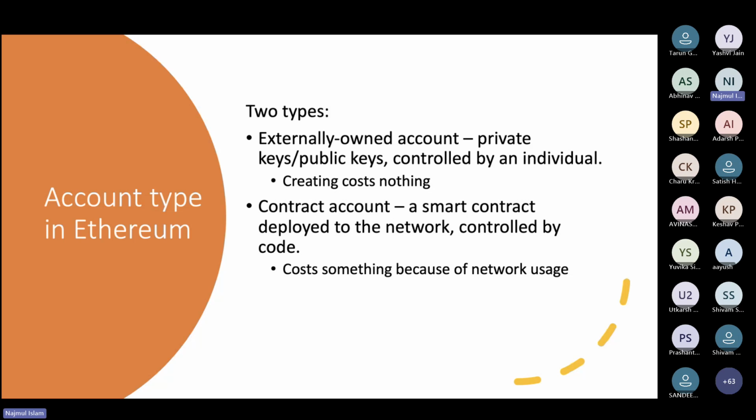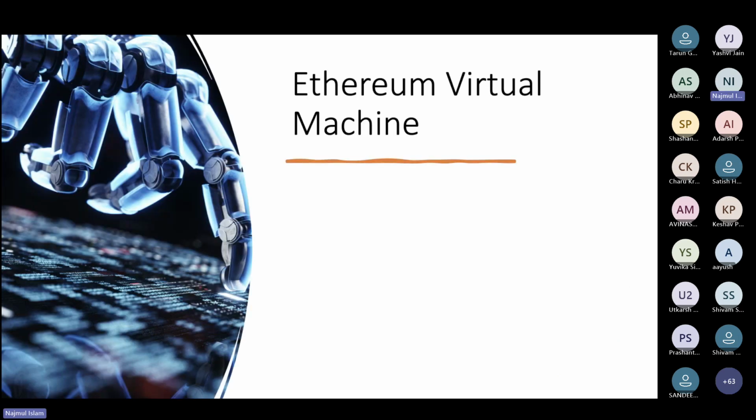And then let's talk about the Ethereum virtual machine. When I asked about this, you have already mentioned what it is. So basically, you know already, but I have a little bit more information here.